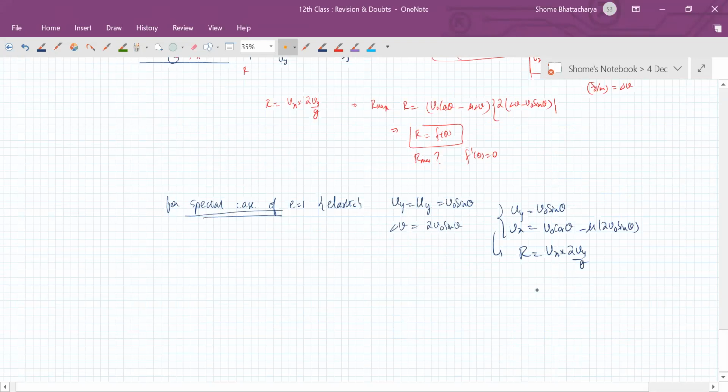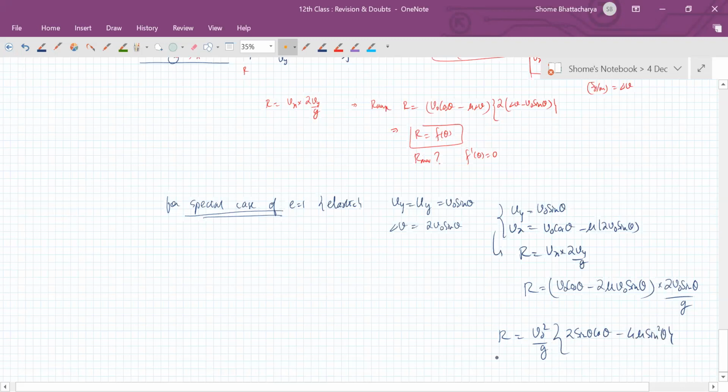Then, obviously, you can use the AM-GM method in this. Okay, so this is an easy function too.